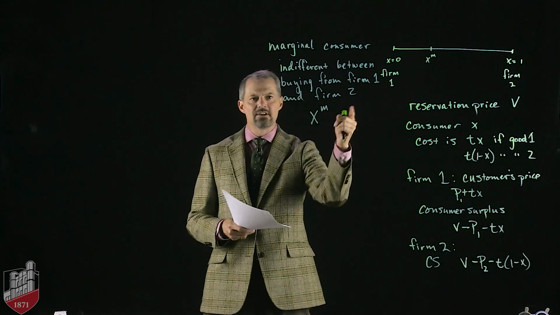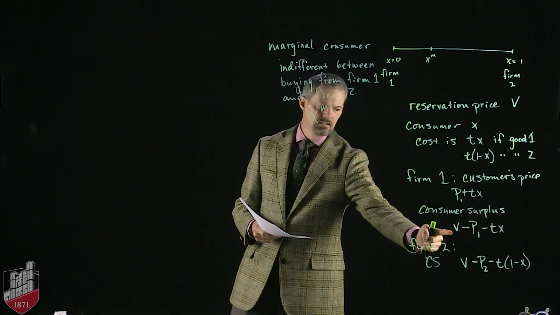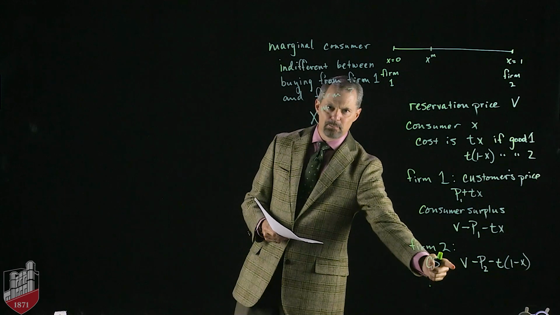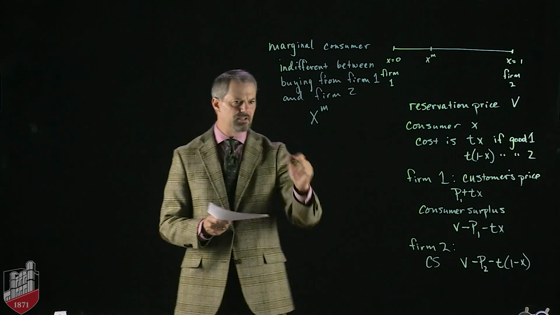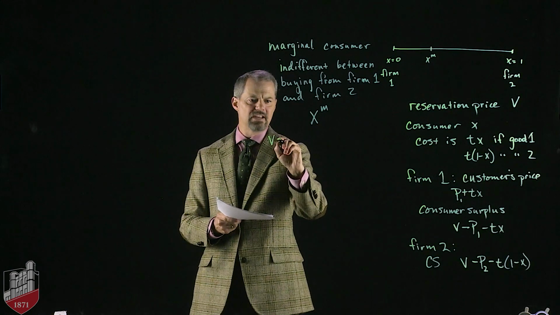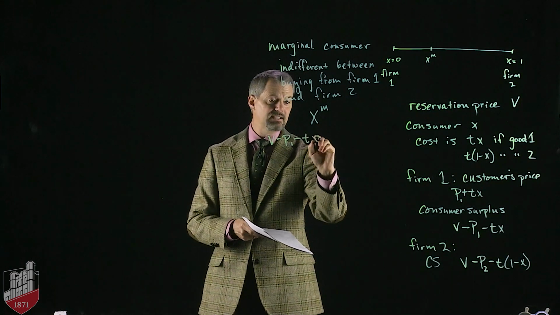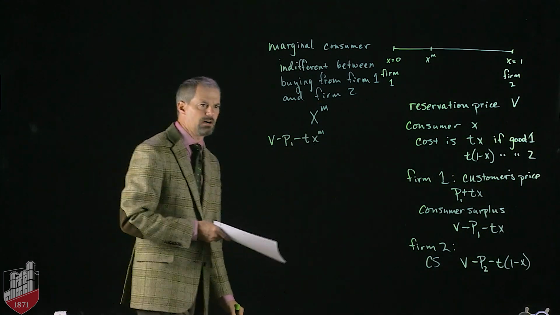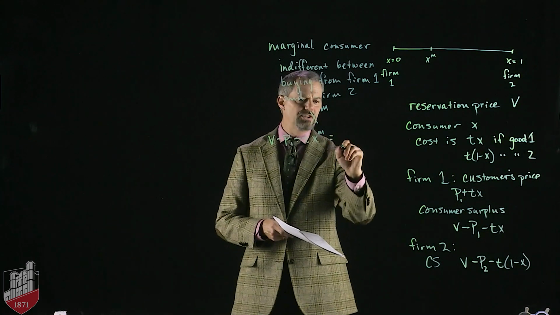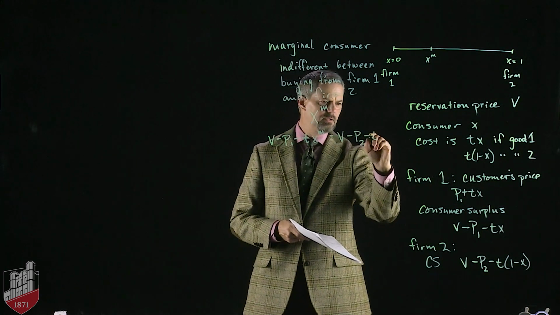Now, because they're indifferent, we know that they get the same consumer surplus from firm 1 as they would get from buying from firm 2. So this and this are equal to each other. The consumer surplus they get from buying from firm 1 minus TX, I'm going to put the M there with our X because this is our marginal consumer now, is equal to the consumer surplus they would get if they bought from firm 2.